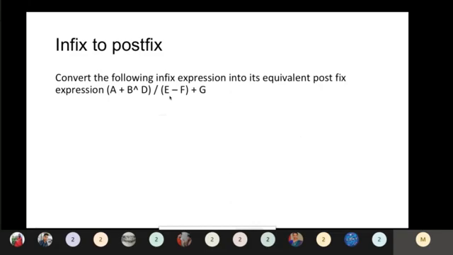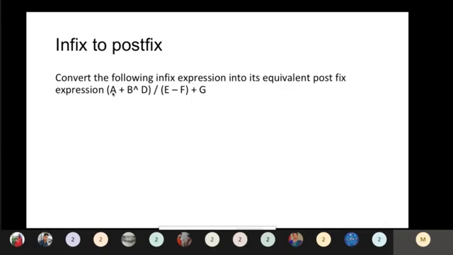Those characters may be operands or operators. If you are getting any operator, we push it on to the stack. Otherwise, if we have any operand, we push it on to the output. So we have two procedures to follow.